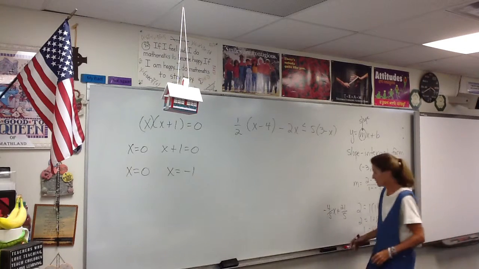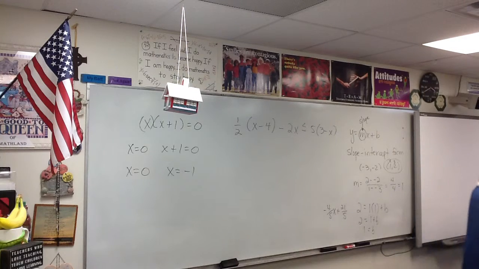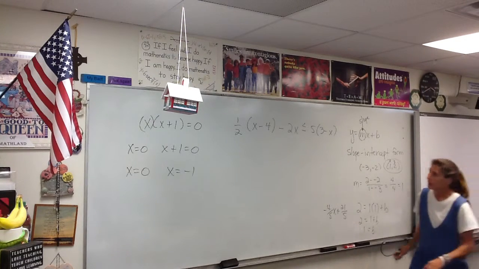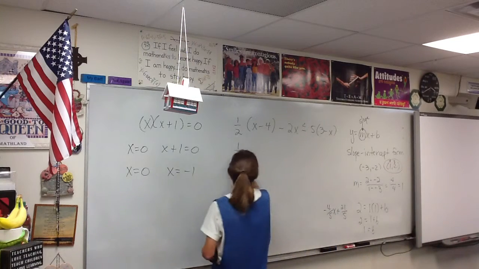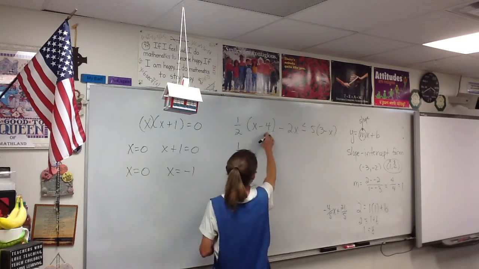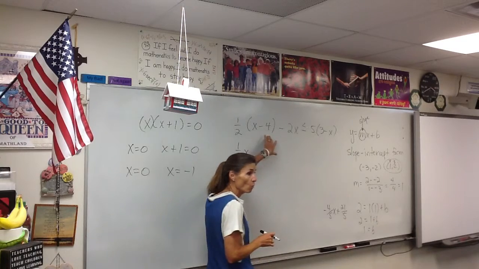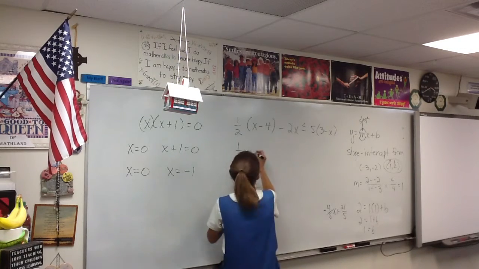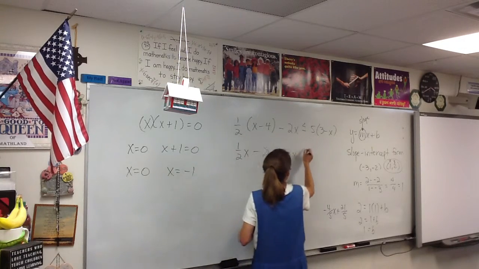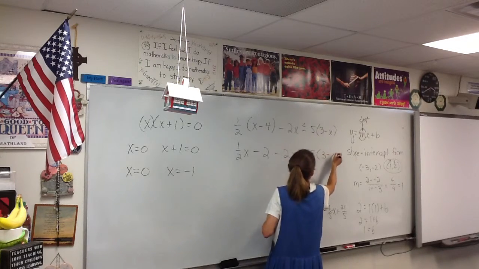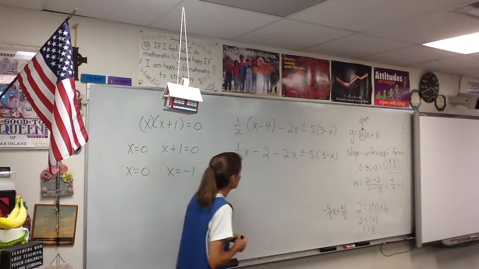All right, how did you start it? I distributed 1/2 with, so 1/2 x. I think that's a great way to start, especially since 1/2 times 4 is 2. Now, what did you do next?